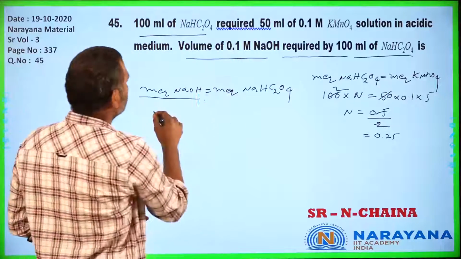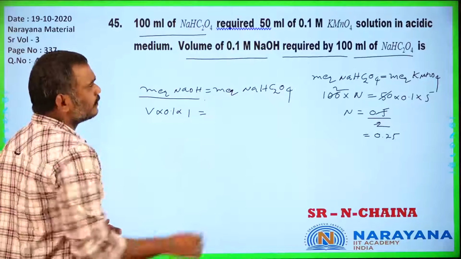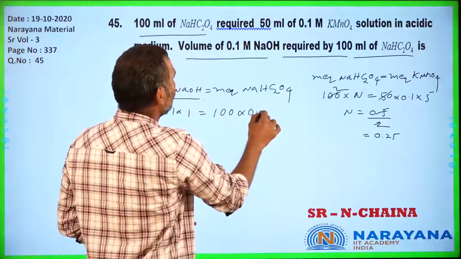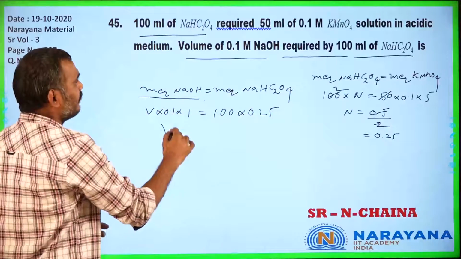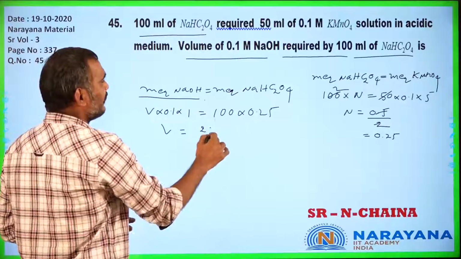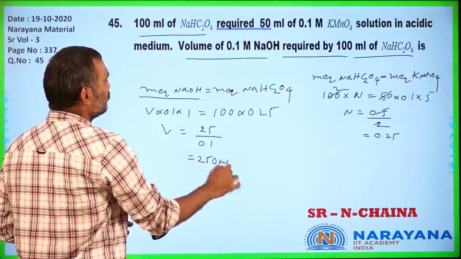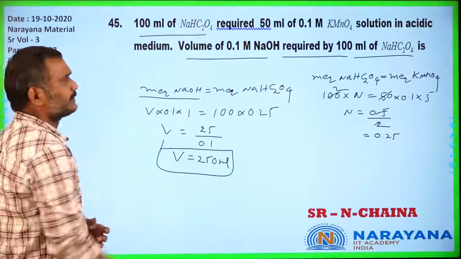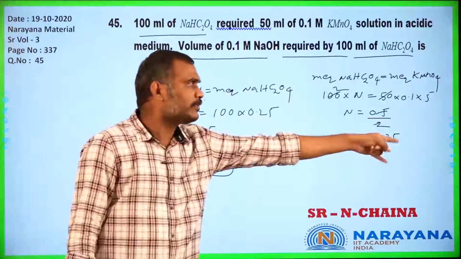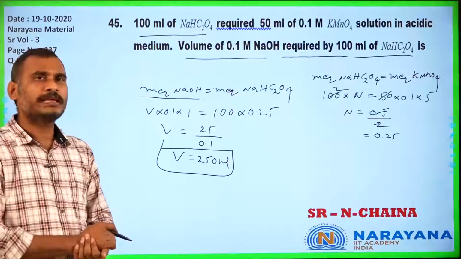Volume into 0.1 into 1 is equal to 100 into 0.25. Then volume is equal to 25 by 0.1, that is equal to 250 ml. You got the point? I substituted the 0.25 value and got volume equal to 250 ml.